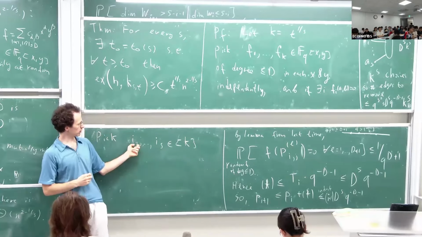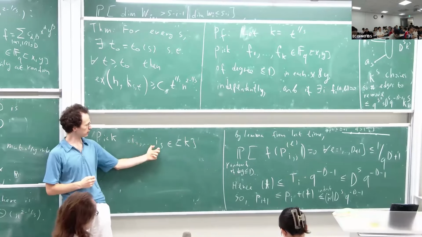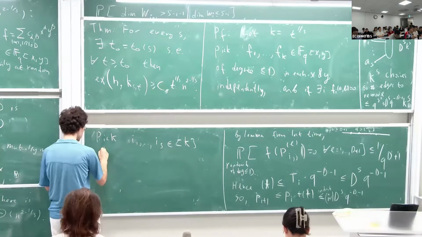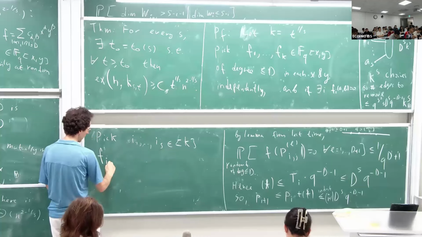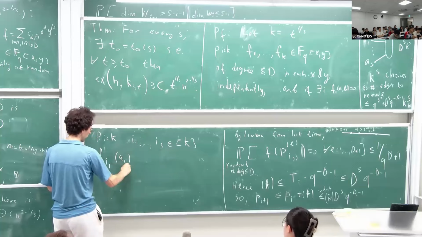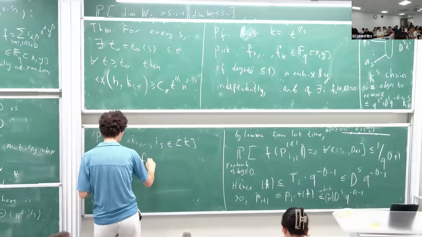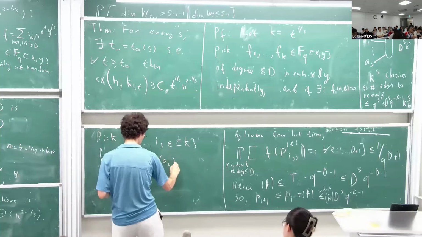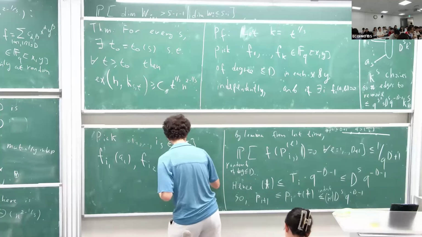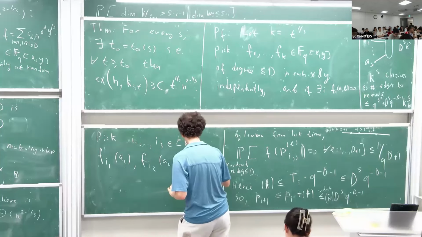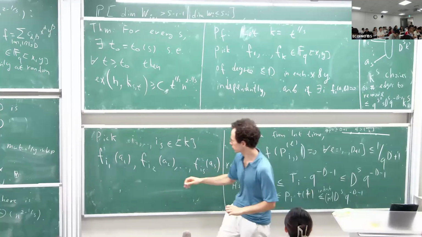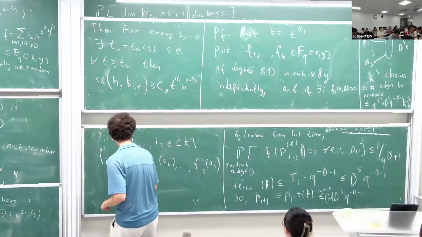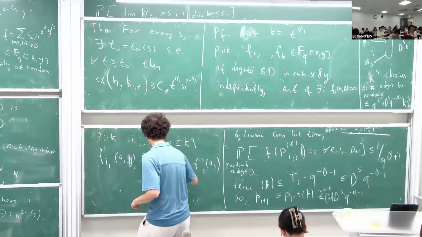Which polynomial I'm using for the first vertex, the second vertex, up to S. And then I'm looking at F of I1 of A1, comma Y. I'm looking at F of I2 of A2, comma Y. I'm looking at F of IS of AS, comma Y.